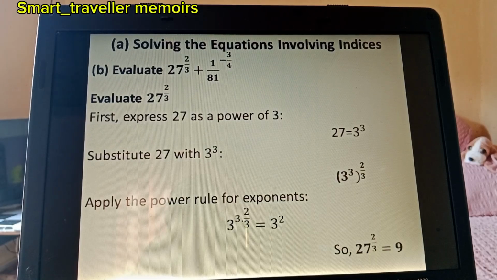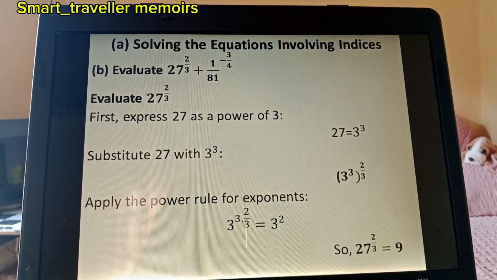So the first thing is you evaluate 27 raised to 2 over 3. First, express 27 as a power of 3, and 27 will be equal to 3 cubed. Substitute 27 with 3 cubed, and you get 3 cubed raised to 2 over 3.